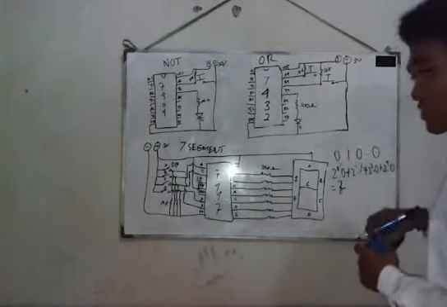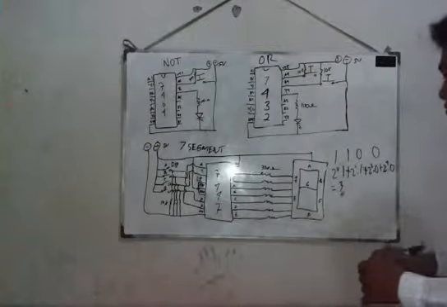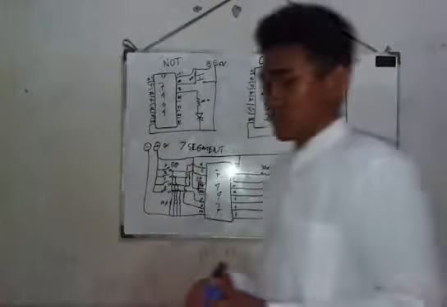If we want 3, we can push the A and B buttons up. So the 7-segment display shows 3, and then we continue like that.